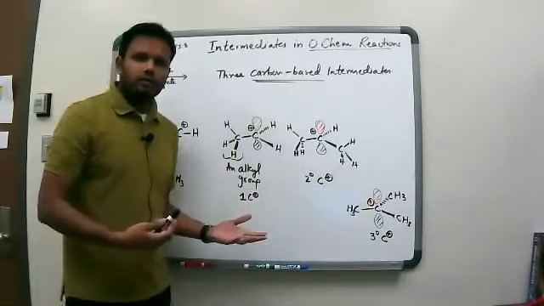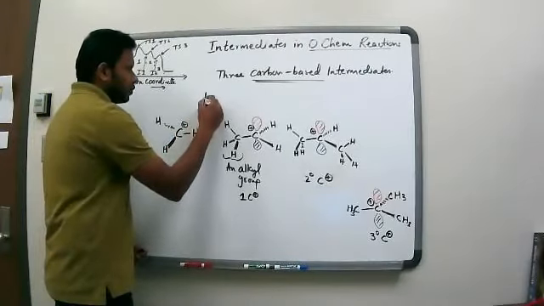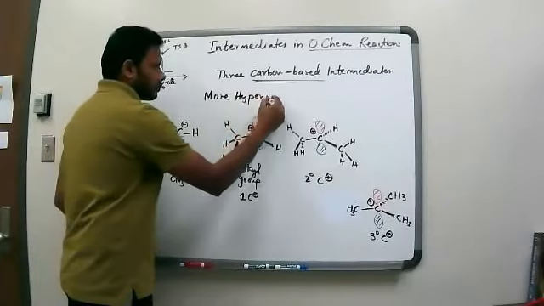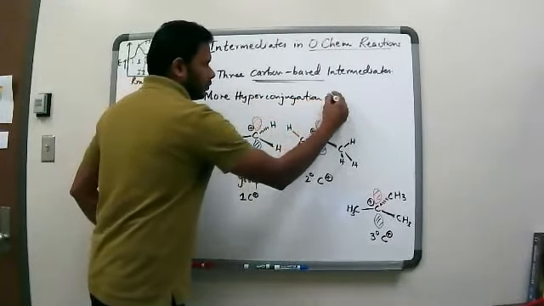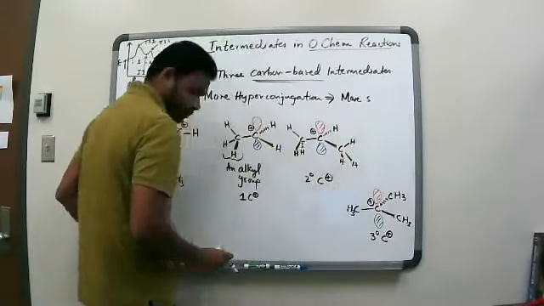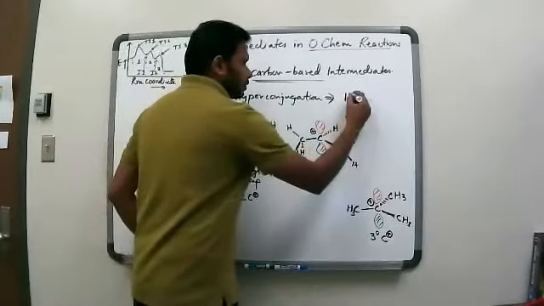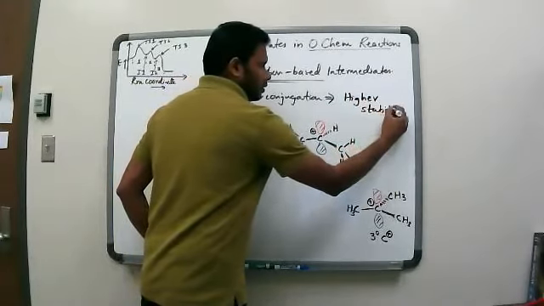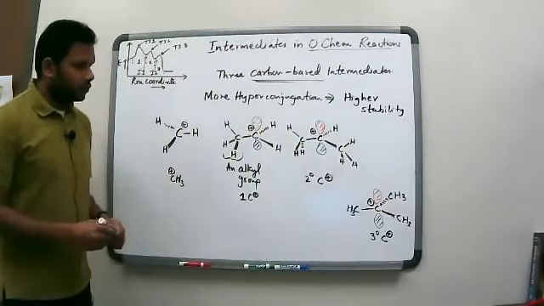So the more hyperconjugation you have would mean higher stability.